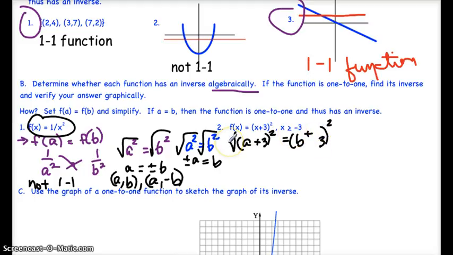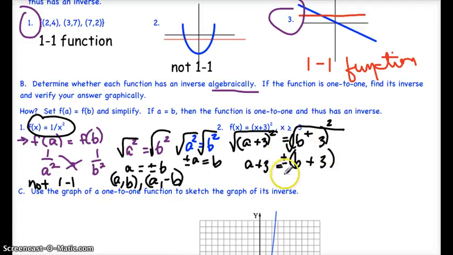Well, to solve this, we would take the square root of both sides. That looks awful. When we take the square root of a square, those will reduce, and the square root of a square will also reduce. Okay, now remember that we've got plus or minus.